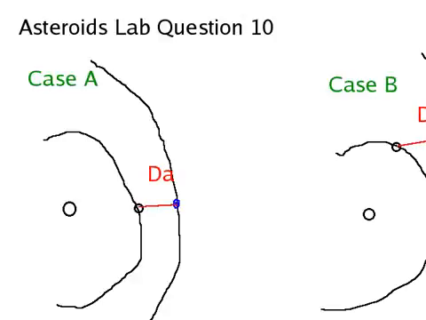Case B from Earth to asteroid is about 5 centimeters. Are there any millimeters too, like 3.1, 3.2? Well, itself is about maybe 0.3.